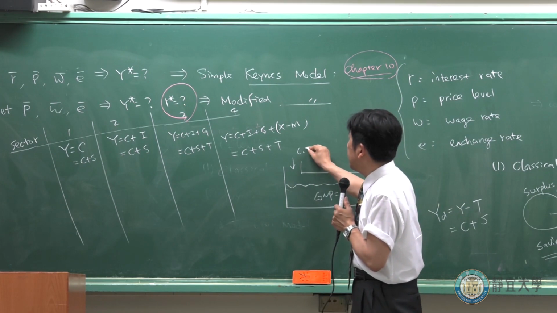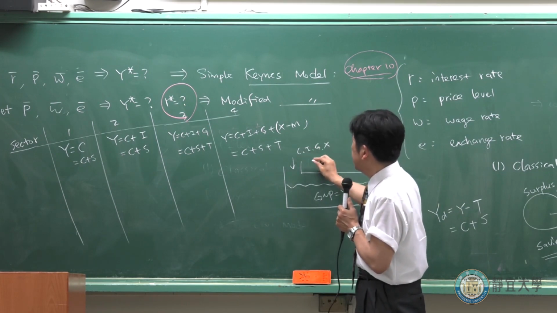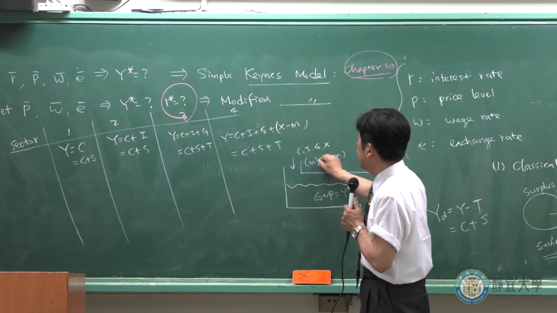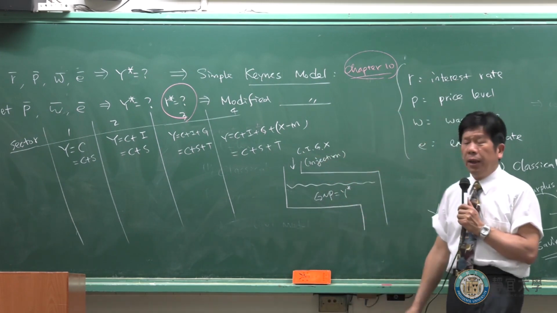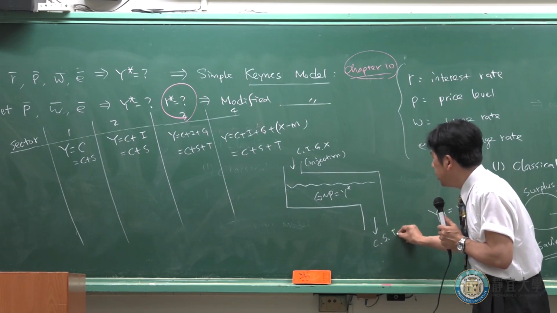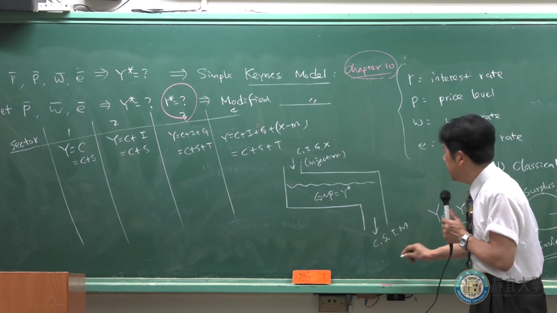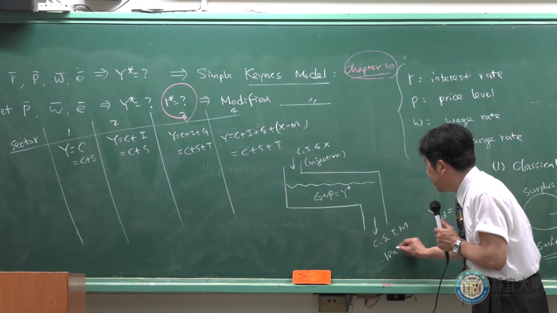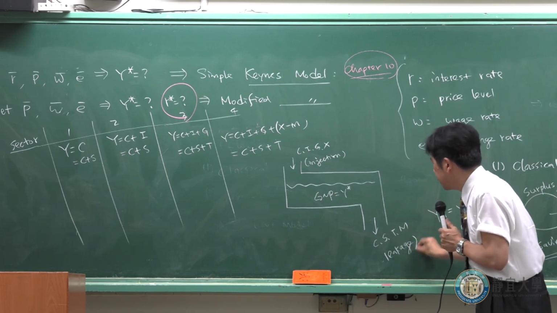This is C, I, Z, X, what we call injections, for the flow. And here, this is C, S, T, M, what we call leakages.